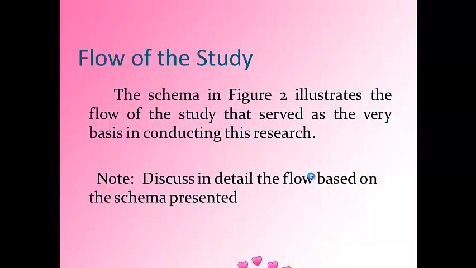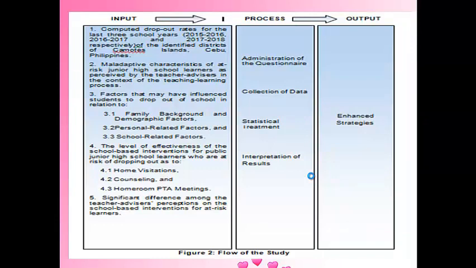We have input, process, and output. In the input, write the objective of your study. You may refer to the problem, specific problem, under the problem, but you may write it not in an interrogative form, but just phrases.